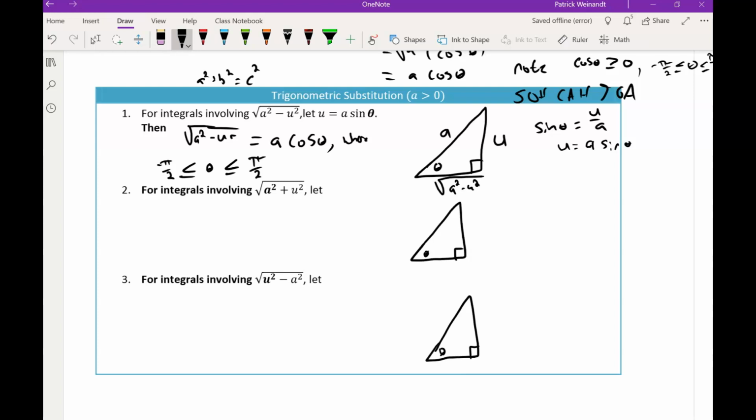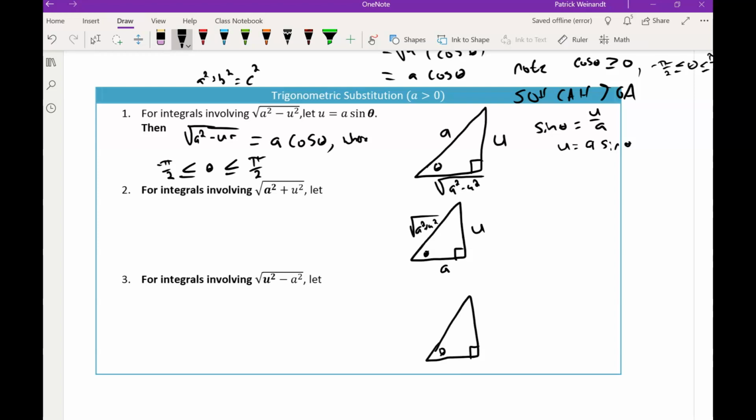Theta, theta. All right, so for integrals involving a squared plus u squared, if I'm taking the square root of some quantity squared plus some other quantity squared, that should be the hypotenuse. So we know the hypotenuse is going to be the square root of a squared plus u squared. And keep in mind we said that our u is typically going to go on the right here since a and u are going to be our legs.